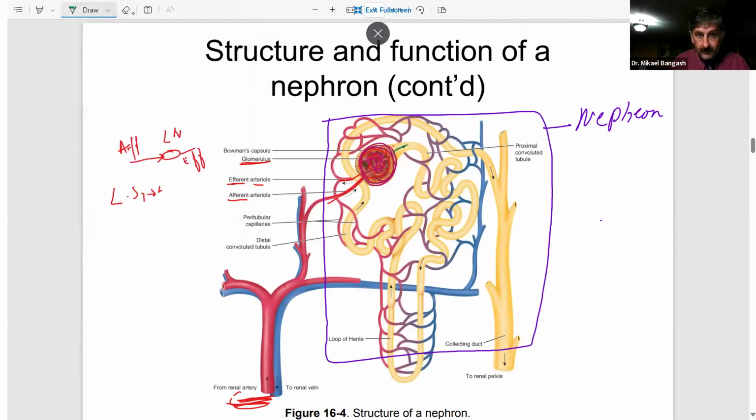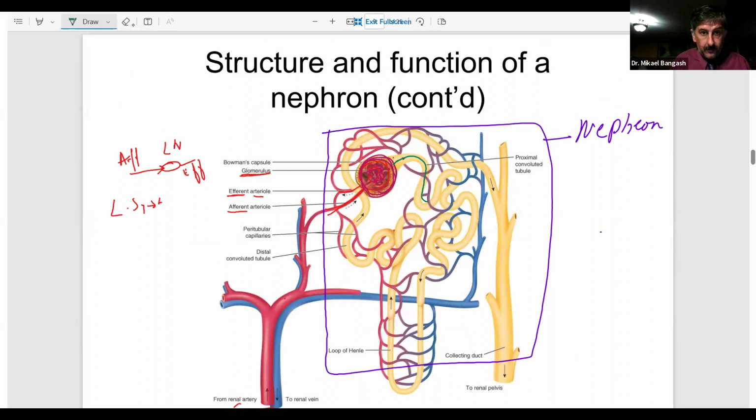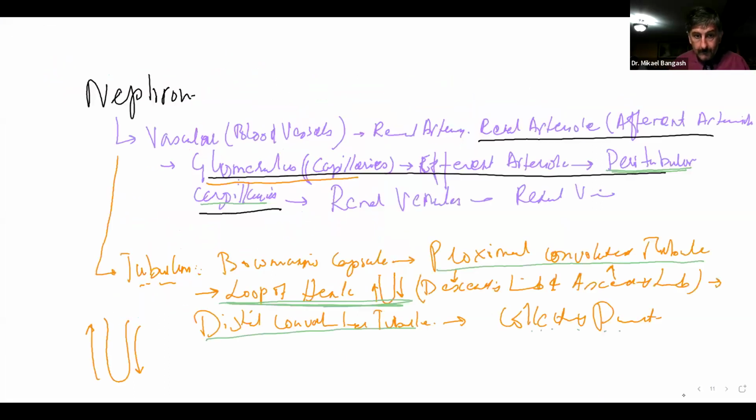Your filtrate is now going to pass through the tubular system of the nephron. And when we say the tubular system of the nephron, it started at the Bowman's capsule. So what are we going to get in the Bowman's capsule? What we call the filtrate.